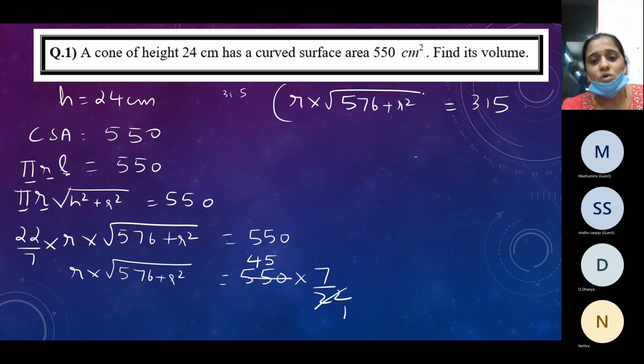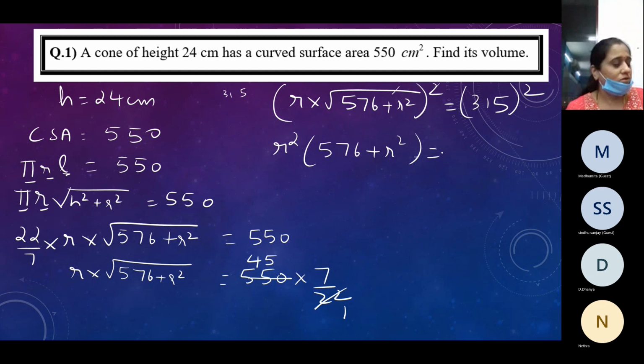So square on both the sides. Why should you square on both the sides? Because you want to get rid of the square root symbol. So you will get R square into 576 plus R square, as the square root and square get cancelled, is equal to 315 into 315, which is 99225.